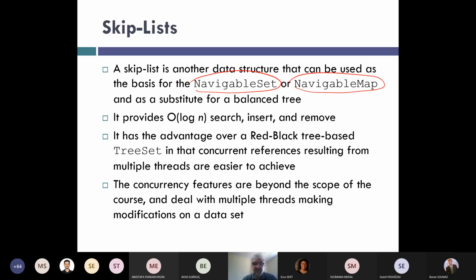Actually, the advantage of a skip list is when you have several threads and you need concurrent access to the skip list by multiple threads. In that case, in a tree set using a red-black tree, we have to lock the whole tree, and only one thread can access the red-black tree or tree set at a time.